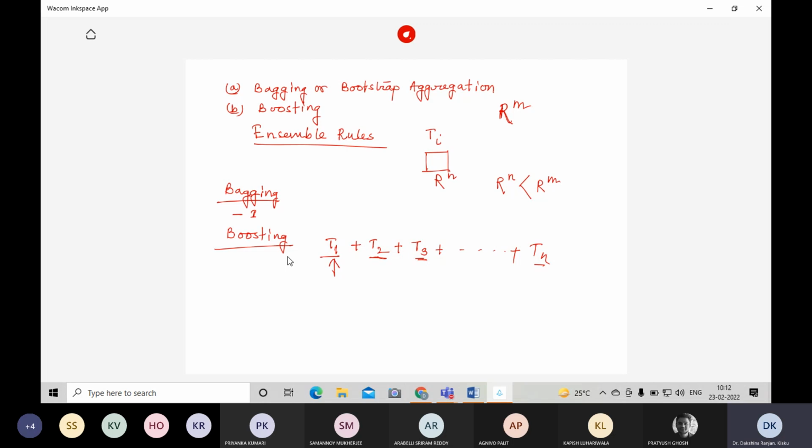First we get the weighted value of the output for T1, then we get the weighted value of the output for T2 using the previous weighted value of T1. When we arrange these weighted outcomes sequentially, T2 depends on T1, T3 depends on the outcome of T2, T4 depends on the outcome of T3, and Tn will depend on the outcome of Tn minus 1.